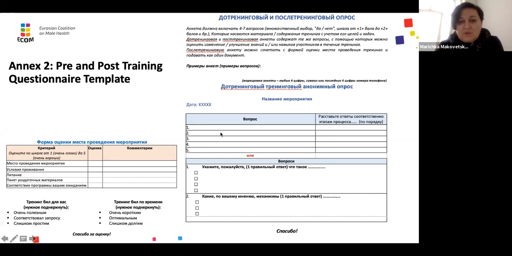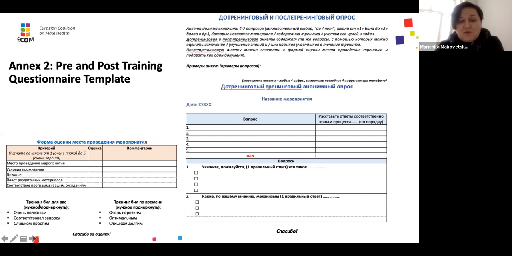But the most important here is to have the same questionnaire for the pre-test and for the post-test. So you're not allowed to change your questions in the pre and post questionnaire. And again, it's very useful to compare the same kind of questions.